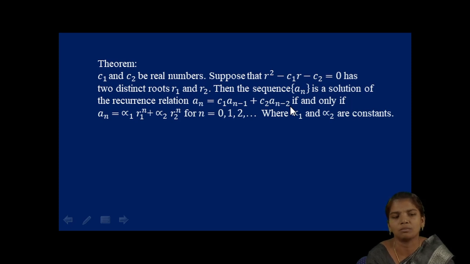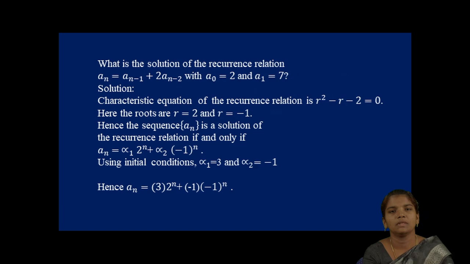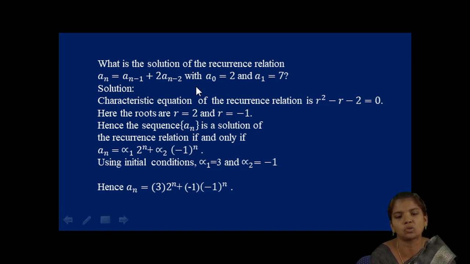Using this theorem, we are going to solve one problem. What is the solution of the recurrence relation a_n equal to a_(n-1) plus 2 a_(n-2), with initial conditions a0 equal to 2, a1 equal to 7?